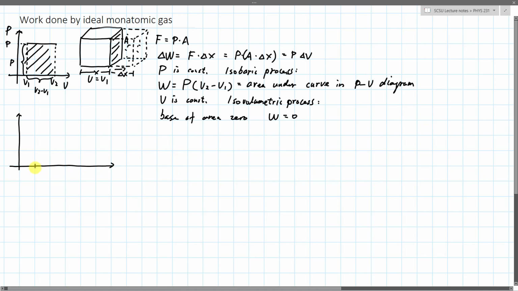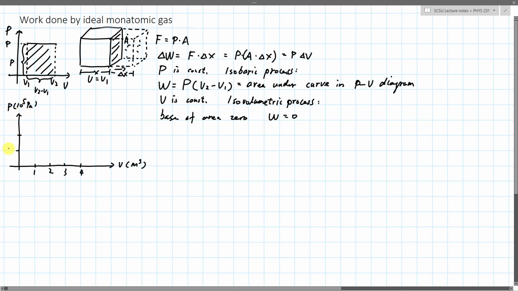So I'll mark these: this is volume in cubic meters, so this is 1, 2, 3, 4. And this is pressure in 10 to the 5th pascals, so 100,000 pascals. And roughly 100,000 pascals is atmospheric pressure, or the 101 kPa, right.